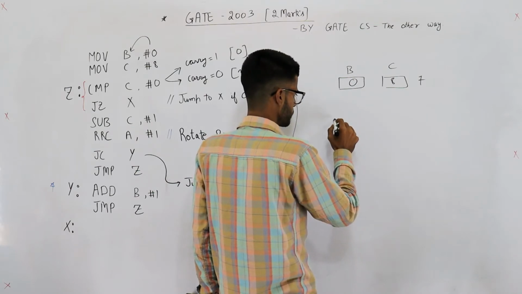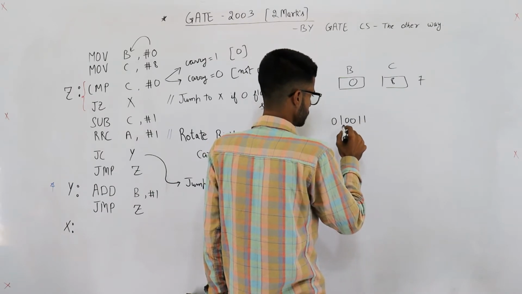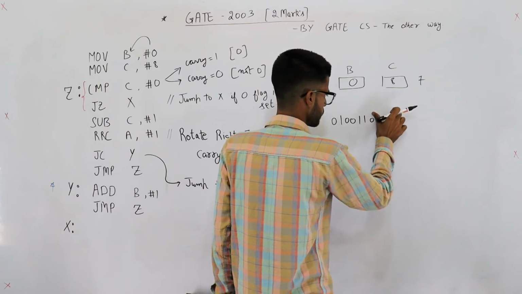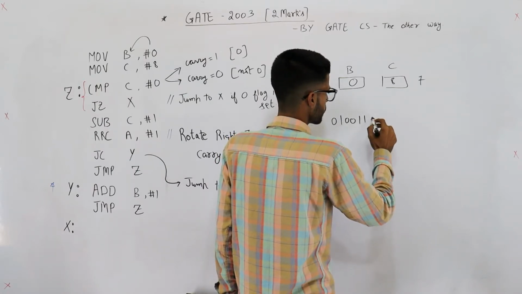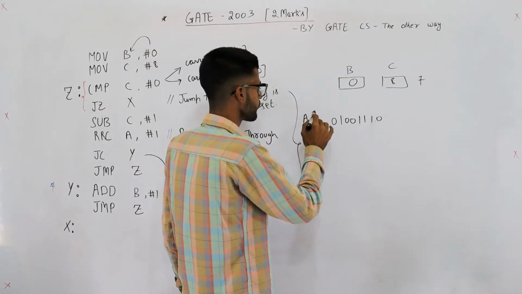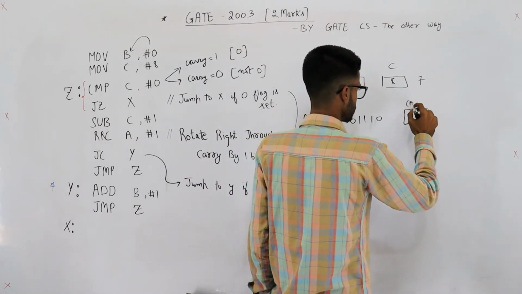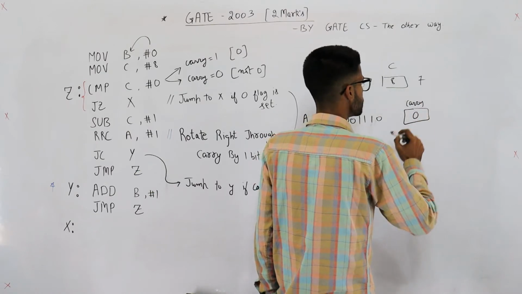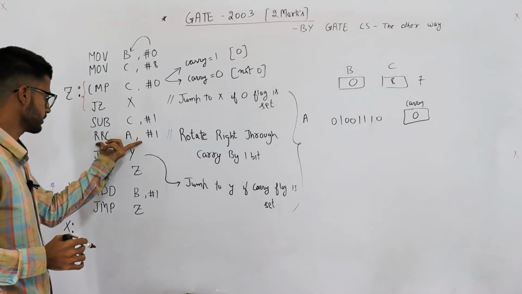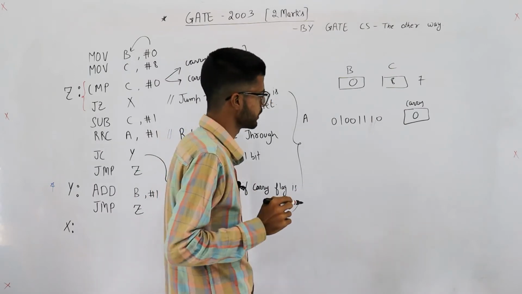Let's assume A0 is 0, 1, 0, 0, 1, 1, 1, 0. This is the initial value in A. And let us assume that the carry flag is 0 initially.